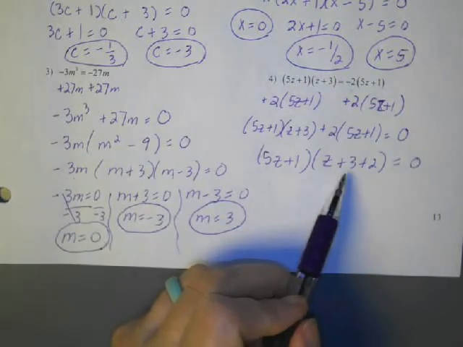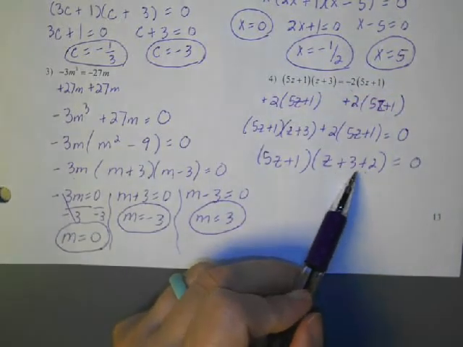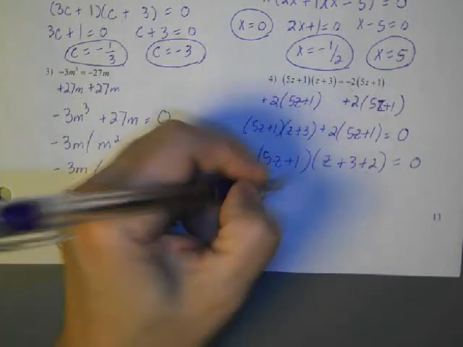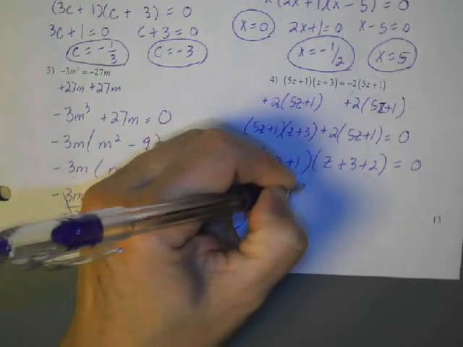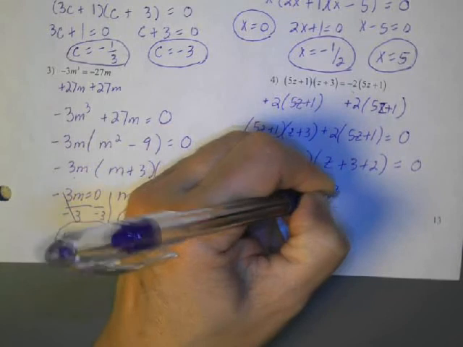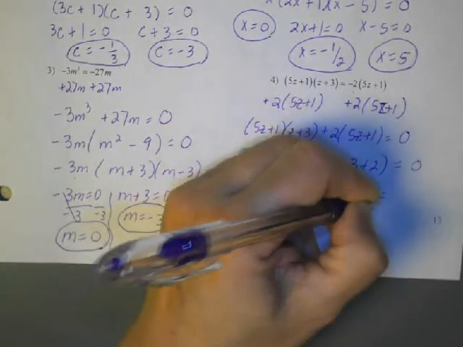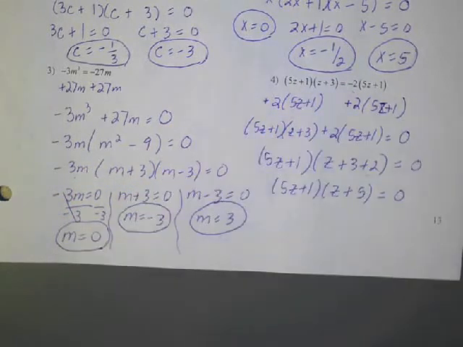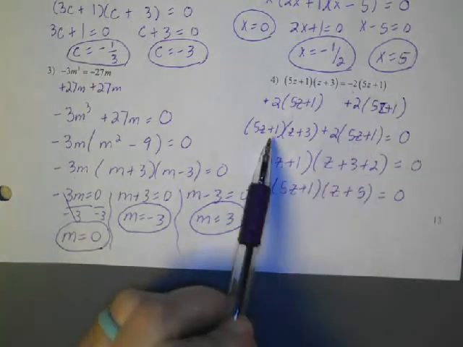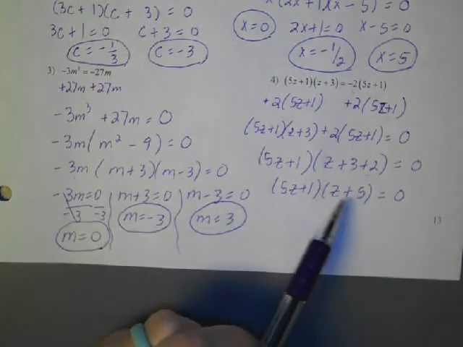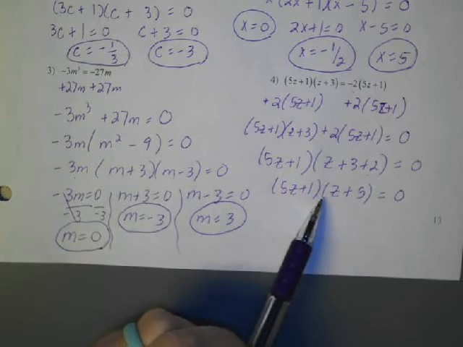So I would group together z plus 3 plus 2. Now 3 and 2 I could make 5. So I have taken my expression and fully factored it because parentheses are side by side.